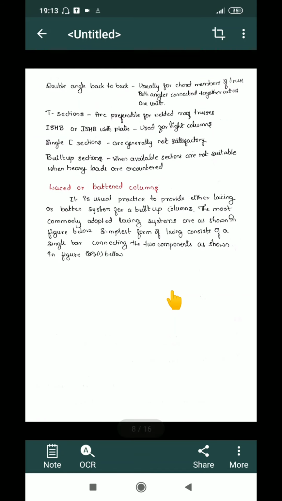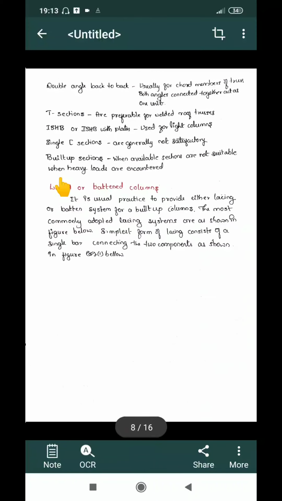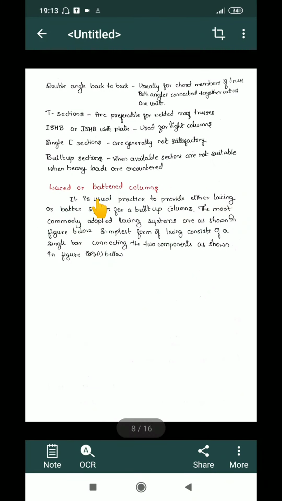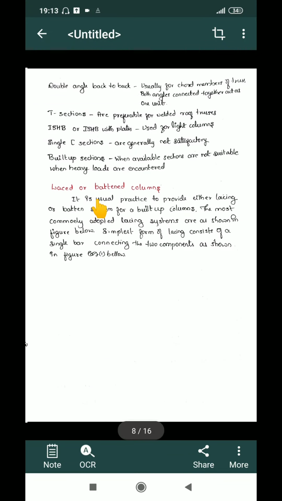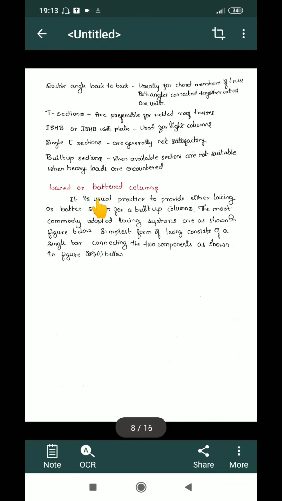Another provision is we can go for a laced or a battened column. Laced or battened column is nothing but providing a lacing which is similar to a bracing, and battens are also a similar type. These are usually used for connecting built up sections.